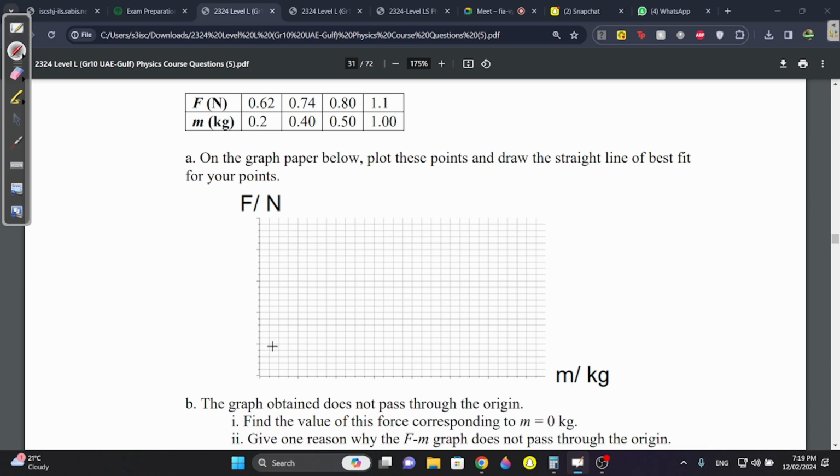So it starts at 0.2 and ends at 1. Obviously, you can't start your graph at 0.2. Okay, it always has to start at 0. But since it ends at 1, let's just end it at 1.2.